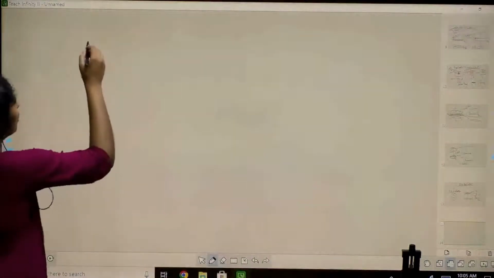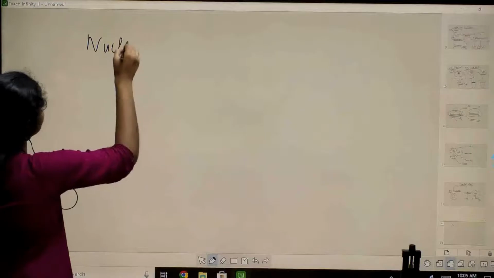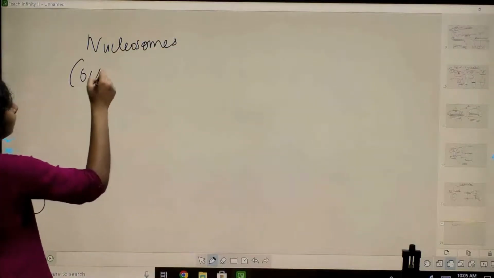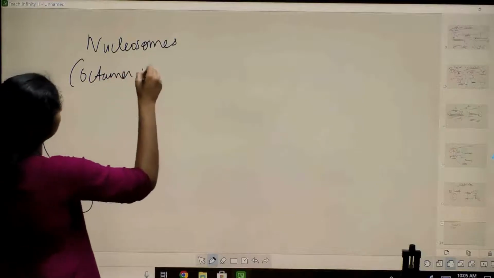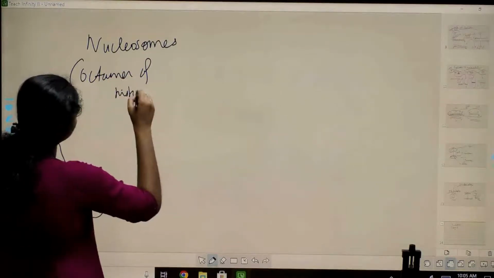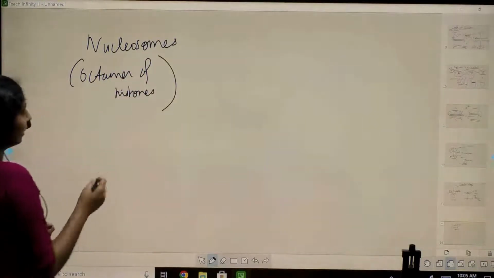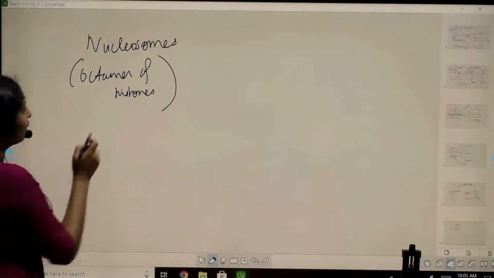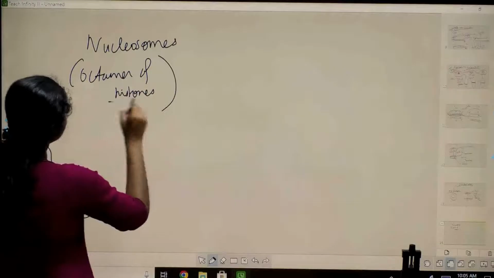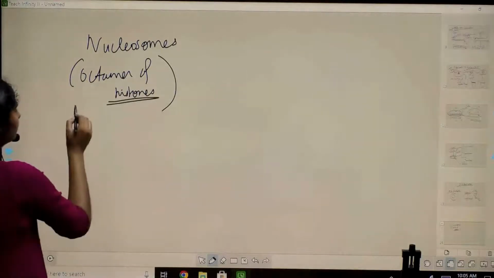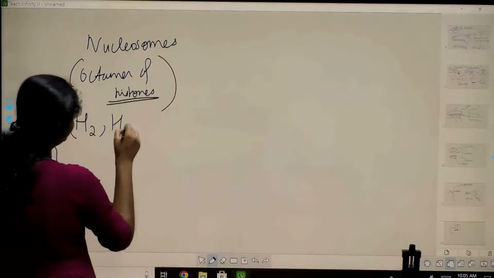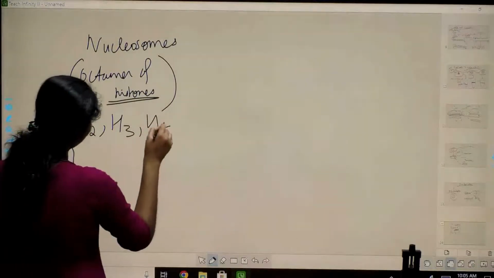Now histones form nucleosomes. What are nucleosomes? Nucleosomes are octamers of histones. So 8 histone molecules come together and form a nucleosome, and which histones are involved in the formation of a nucleosome? H2, H3 and H4, right?